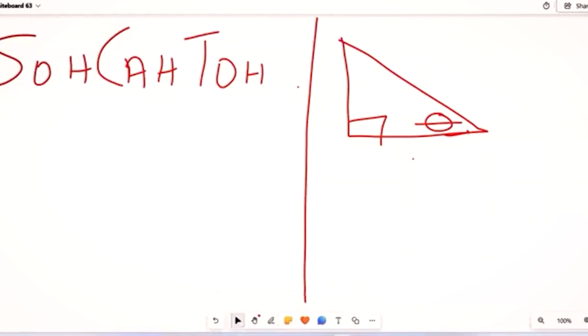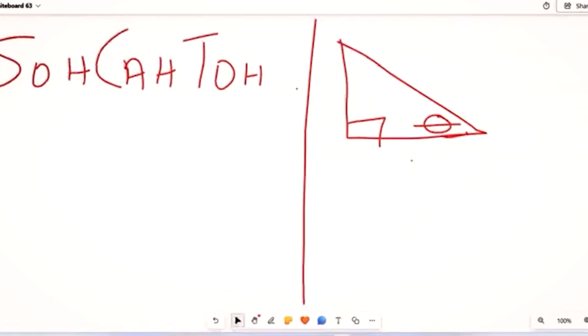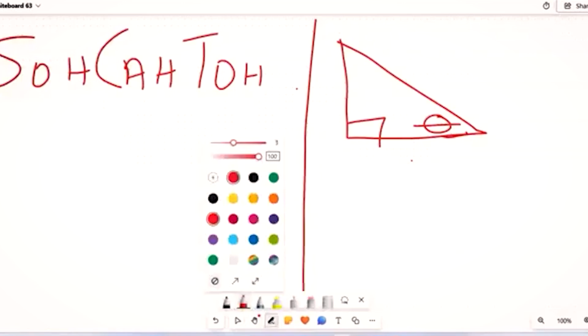So let me write the opposite to theta, because I'm talking about theta. Adjacent to theta. Hypotenuse of theta.